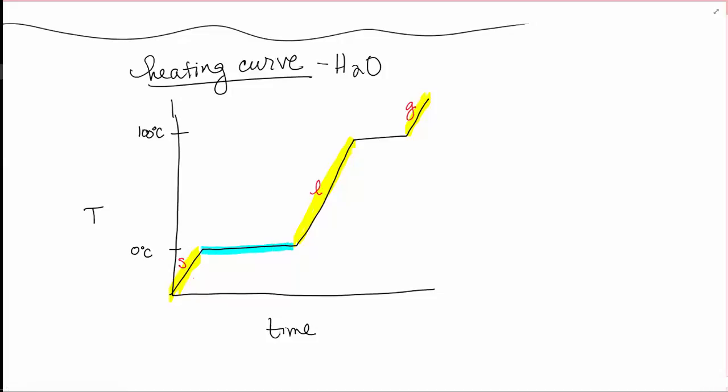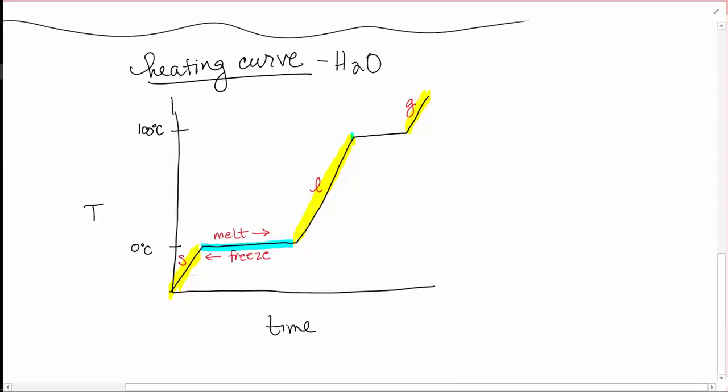That's a phase change. If we're going in this direction, it's melting. If we're going in this direction from liquid to solid, it's freezing. And same with up here. This is also a phase change at 100. At 100, water starts to boil. So as we go from a liquid to a gas in this direction, it boils. If we went the other way from a gas to a liquid, it would condense.